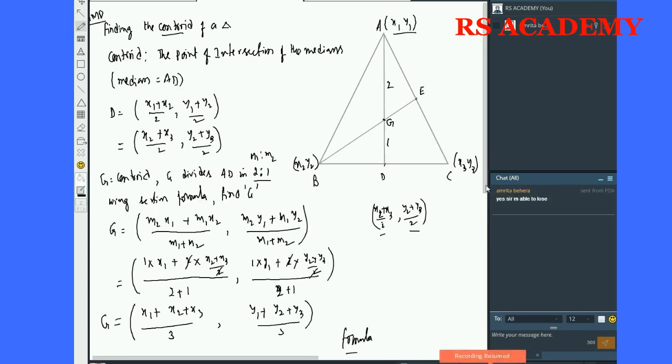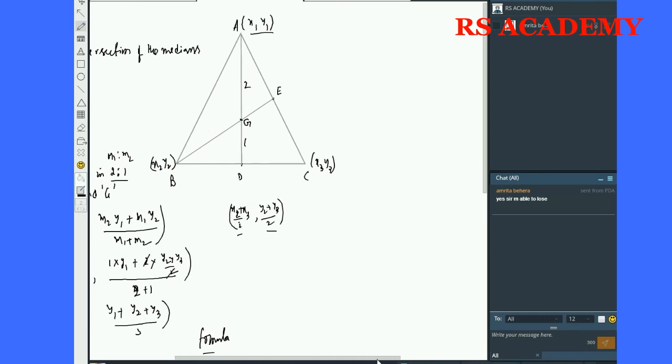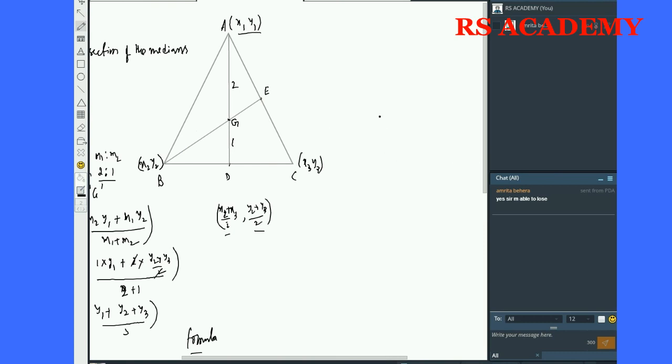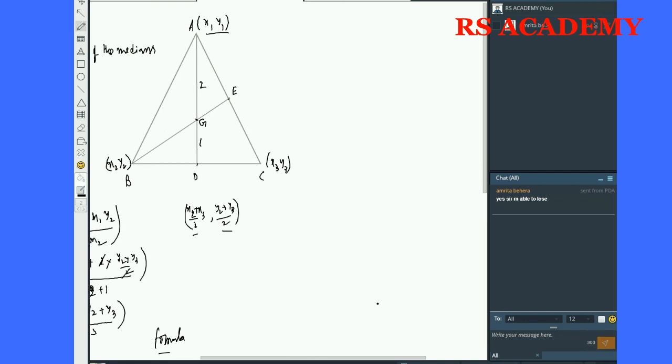Let us do an application, an example of how to find the centroid of a triangle. Now let us have the same triangle.